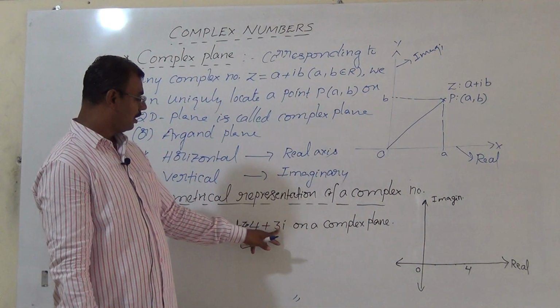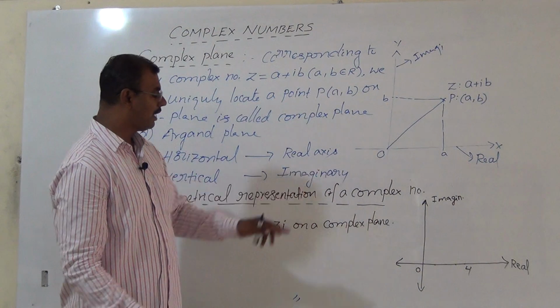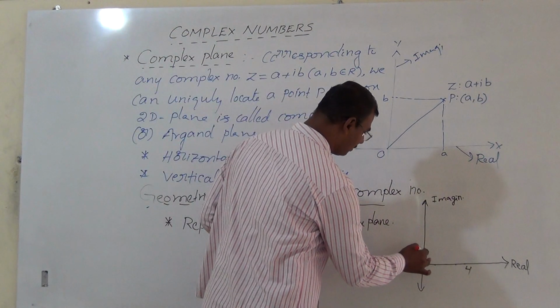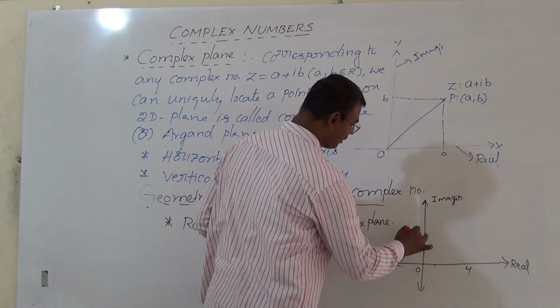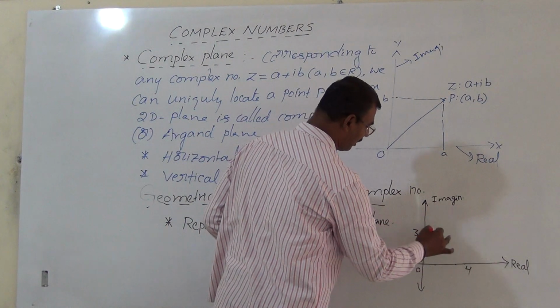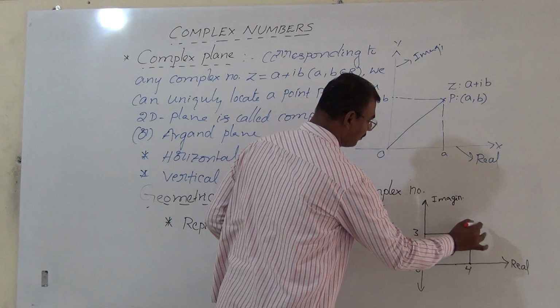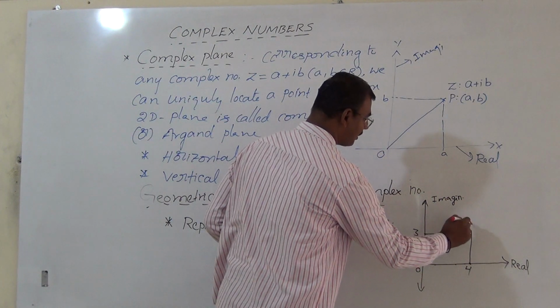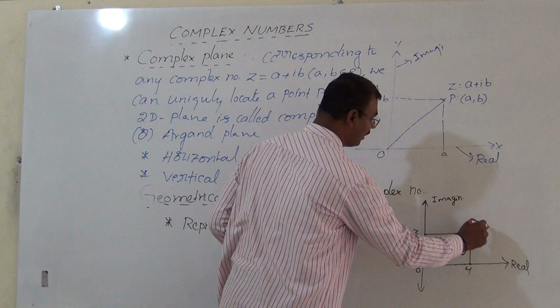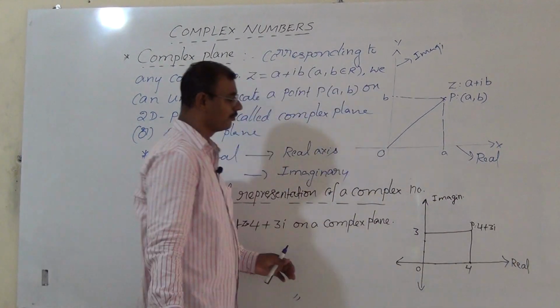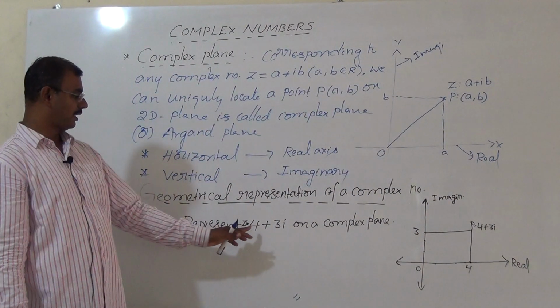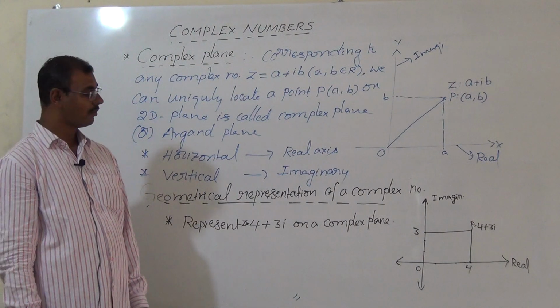Similarly, 3 units on the imaginary axis: 1, 2, 3 units. So this is the 3, and this is 4 plus 3 iota. Both are positive.